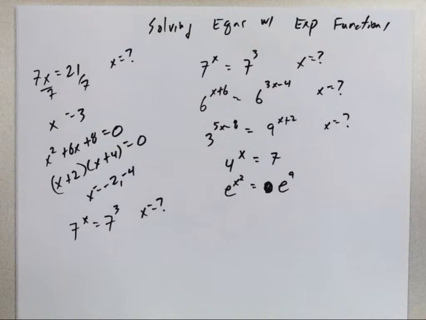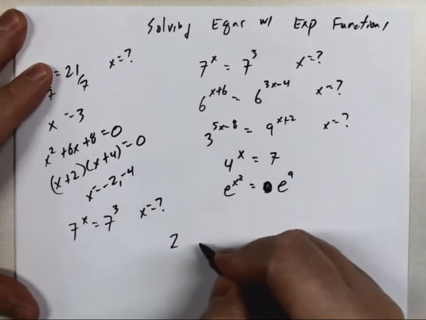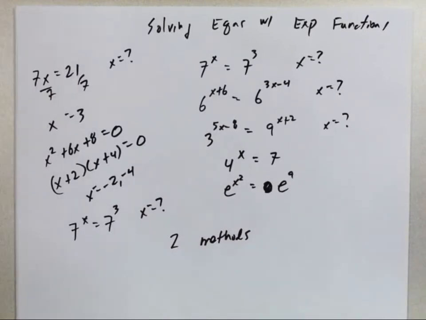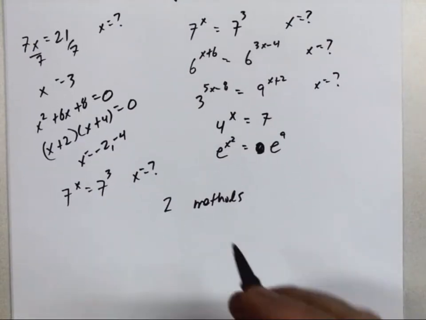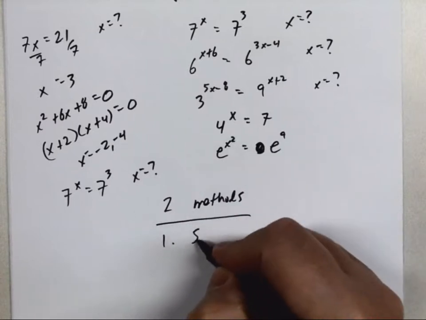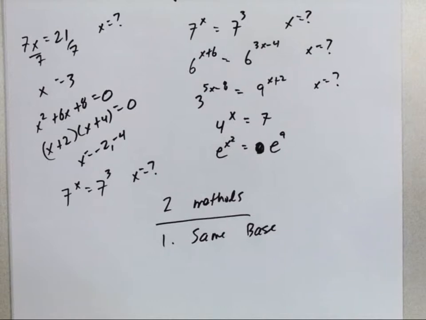Well, that's all true. Now what we're going to see is that there are actually two main methods to solve equations that have exponential functions. The first one, which we're going to do right now in a few minutes, I'm going to call same base, and once we look at it, you'll understand why.